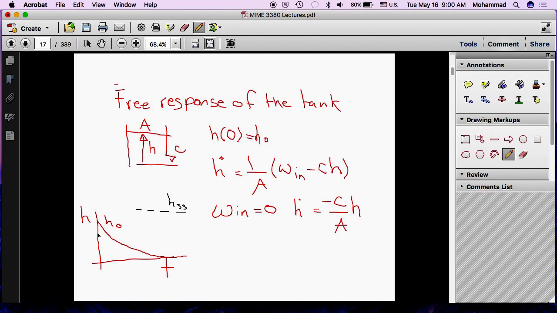It will start. So I can go maybe from the back. So steady state.